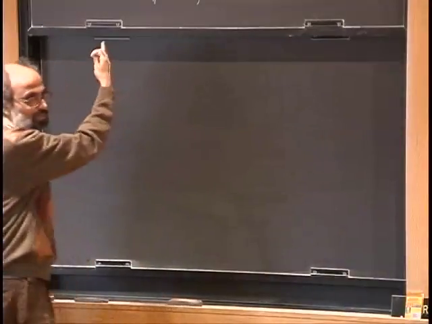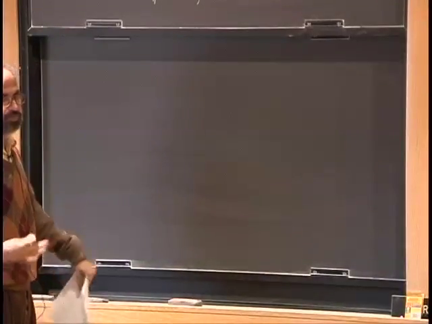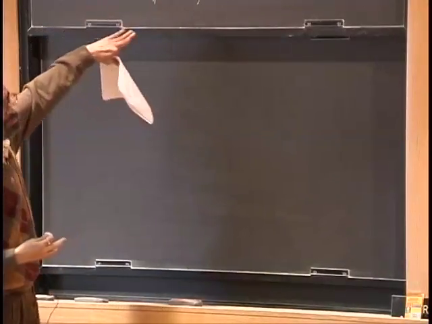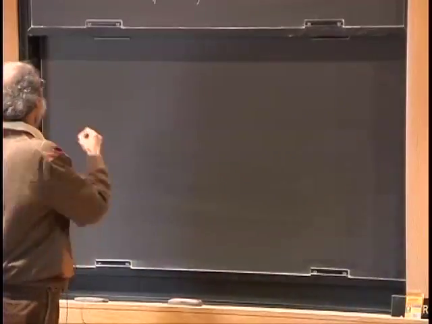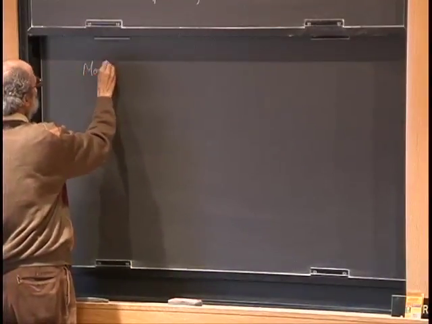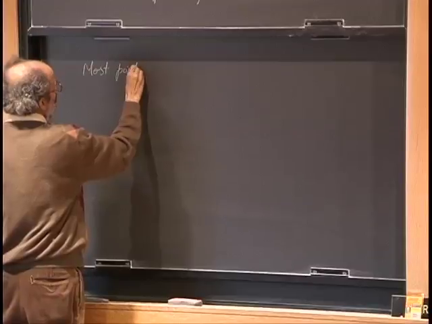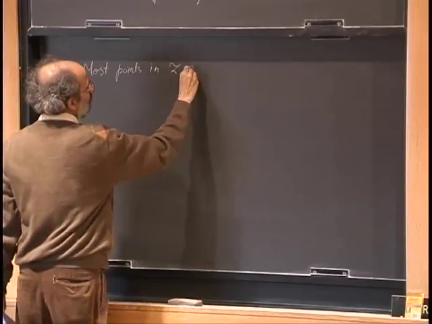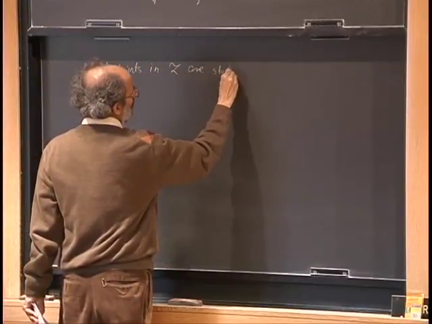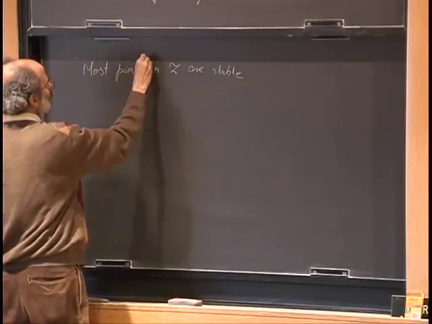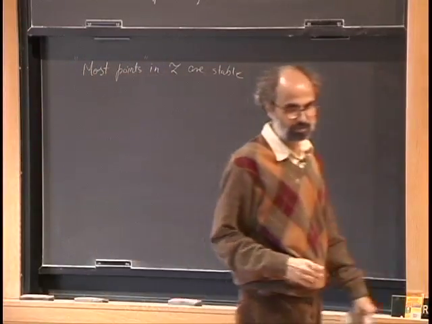Such pathological things can happen. So the things are stable if such pathologies don't happen. Now one can show that most points in Z are actually stable. By most you mean the density of non-stable points is 0.